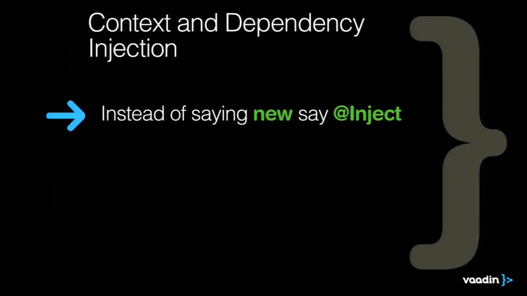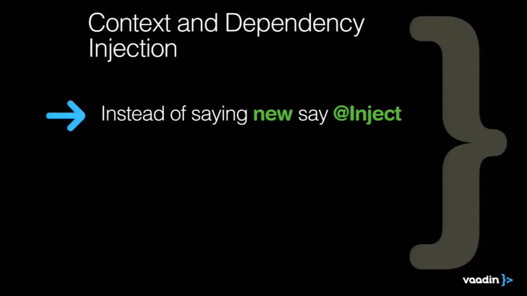And what this will do is that it will actually ask from the CDI context, from the container, that I should now have an instance of something that is of this type. Can you please provide me that instance? At that point, the container will find a proper object and pass a reference to your injection point.